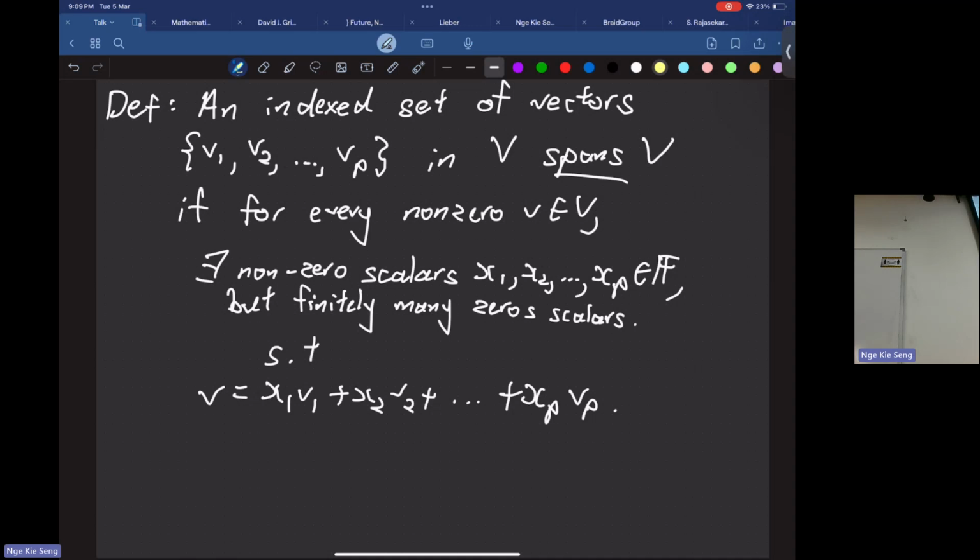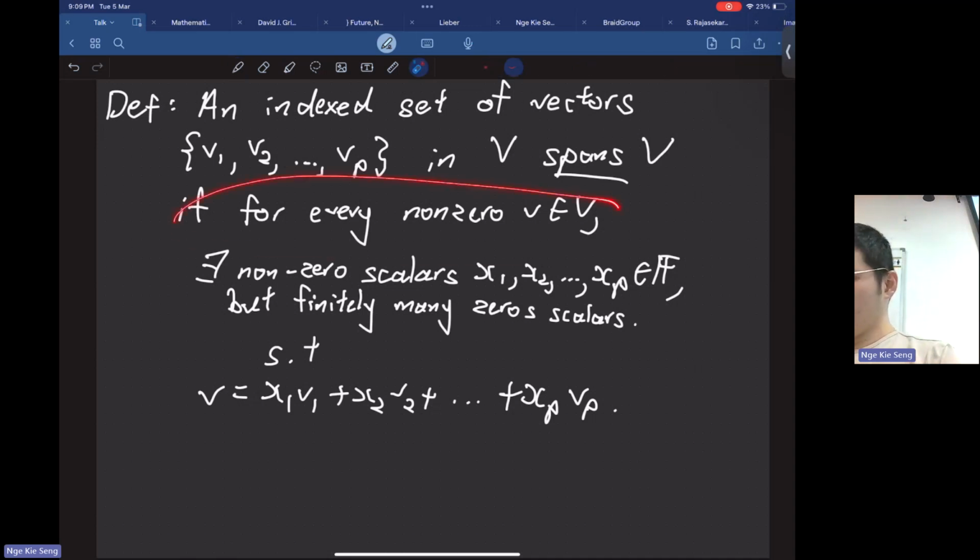Some of the coefficients can be zero, but not all of them. Because when we say some, maybe all could be zero.